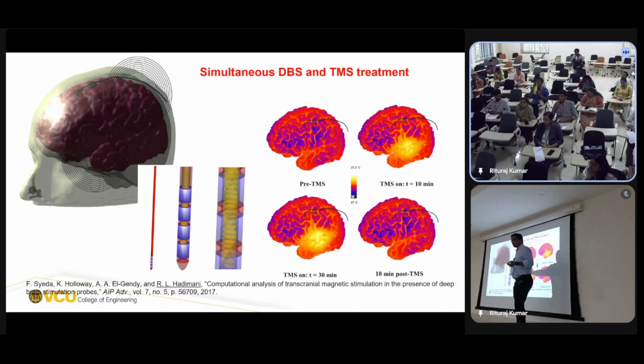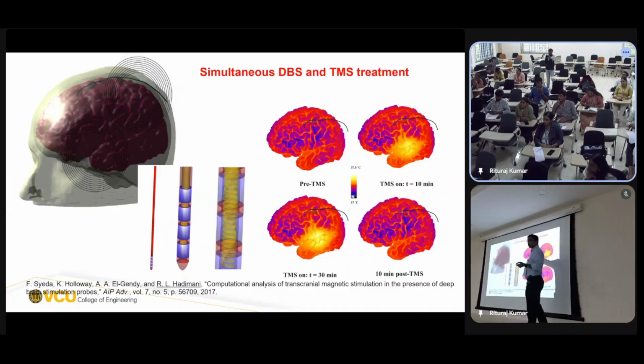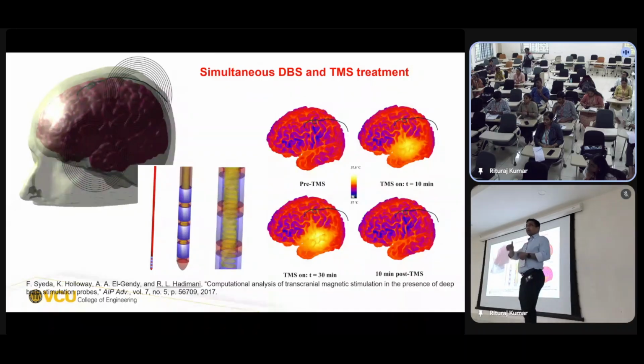Just the lead itself was 2 gigabytes. So we built a very high resolution model, and then took her patient's MRI and built a head model, and she told us the location. We put the lead there and started putting the TMS coil in different locations to see where it is safe and where it's not safe.